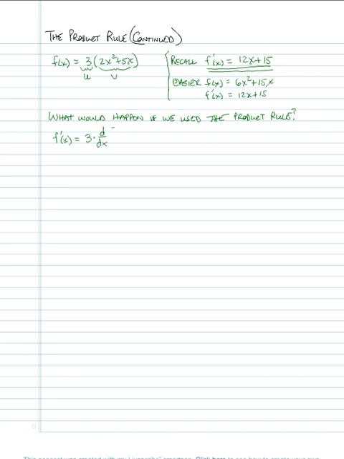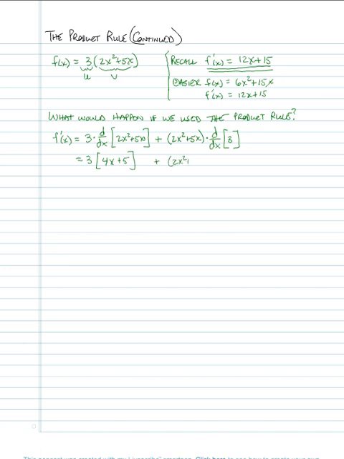So let me just write down derivative of the second function. And then we say plus, and then we take the second function and we multiply that with the derivative of the first function. And of course, the first function is 3, so we'd be saying the derivative of 3. Now, when we look here, the derivative of 2x squared plus 5x we know is 4x plus 5.